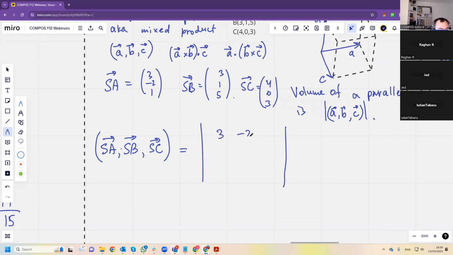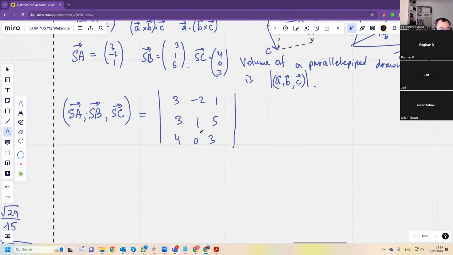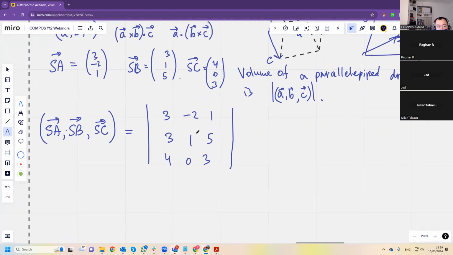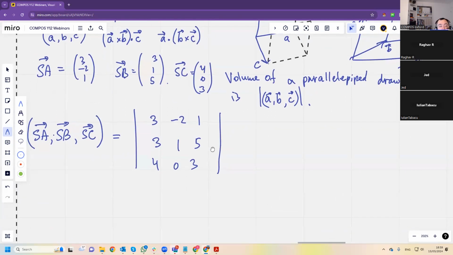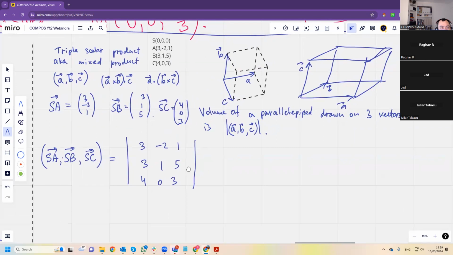So it's (3, -2, 1), (3, 1, 5), and (4, 0, 3). So if you take any three vectors and put them in a matrix and find the determinant, then you will find the volume. There are different ways of finding the determinant. Don't worry, you don't need to know the determinant for now.